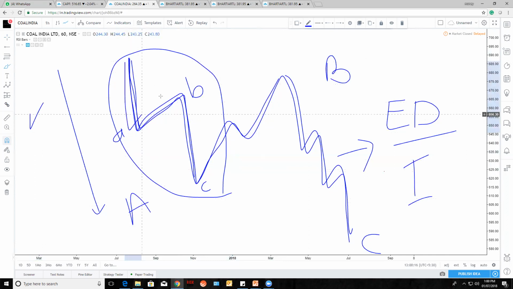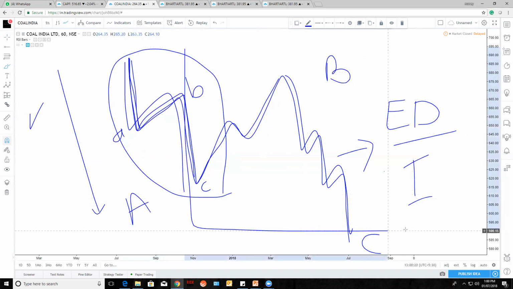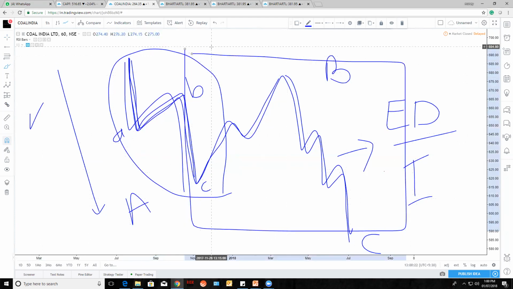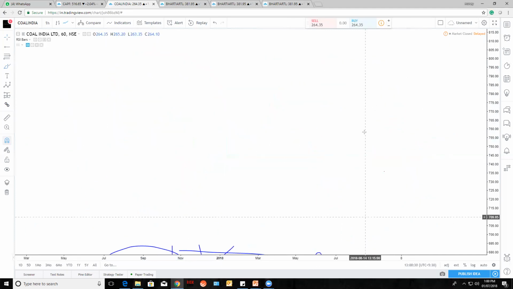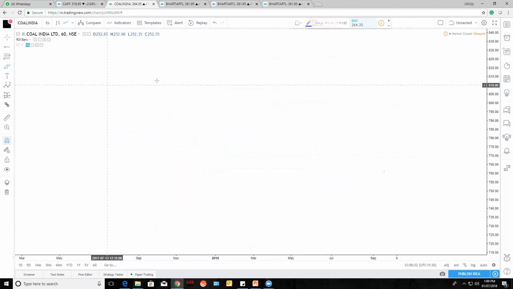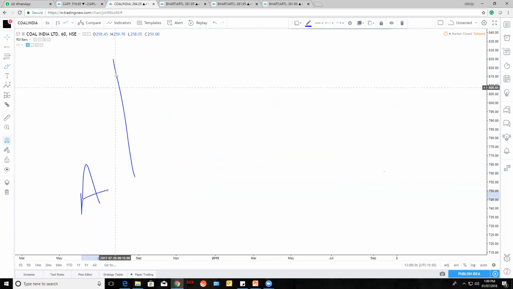It is a simple 3-wave structure, and the remaining will be the same as zigzag. So what is a flat correction here? It's similar to zigzag only. The only thing changing here is wave A. That's it. It's always a 3-wave structure followed by a correction.